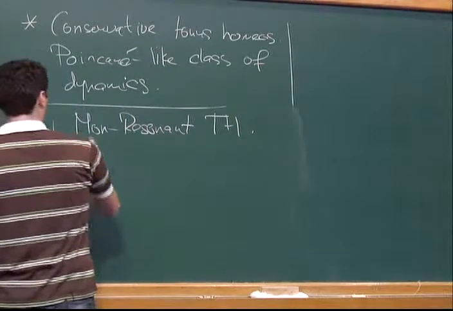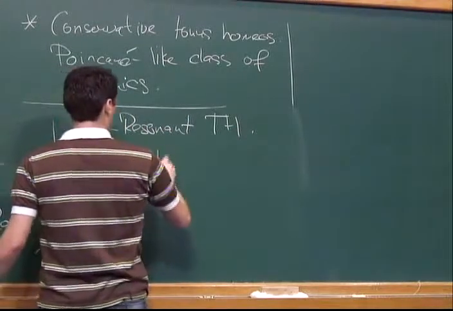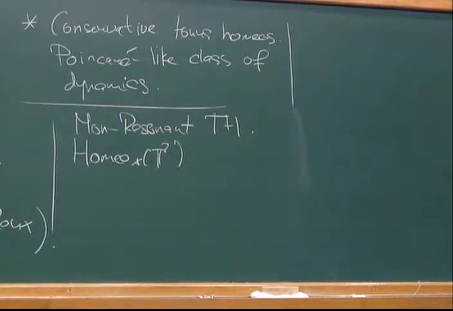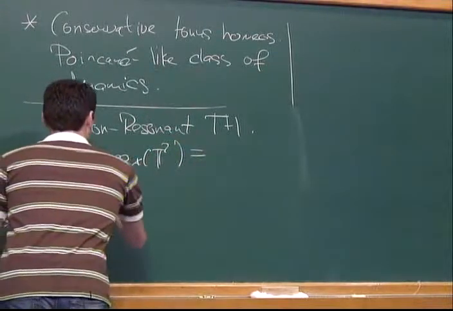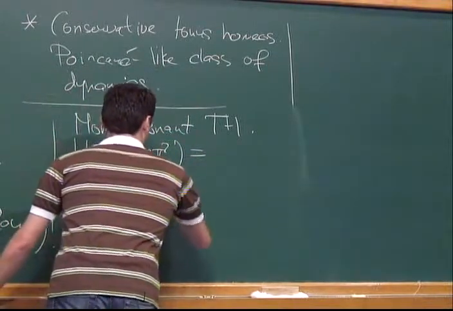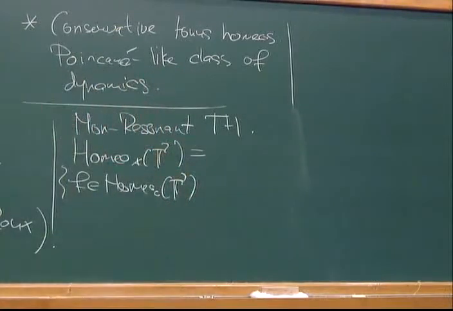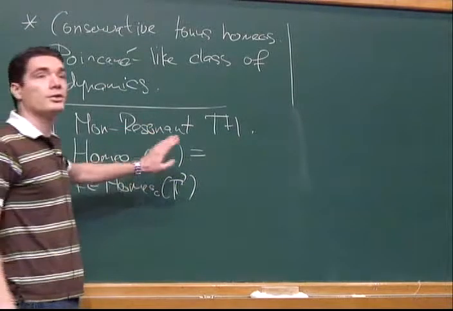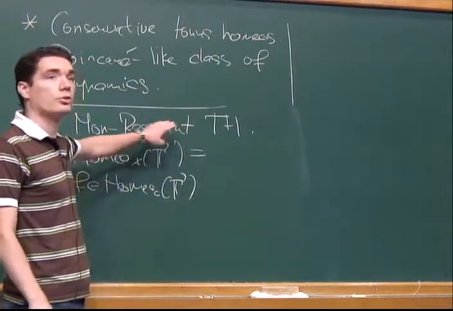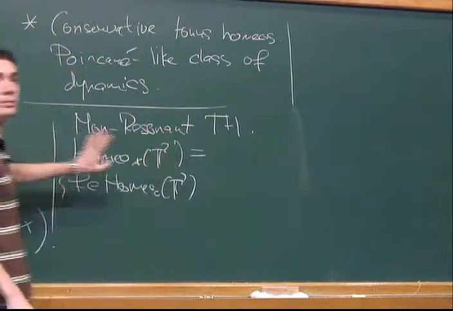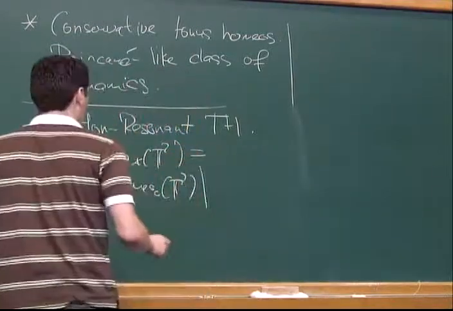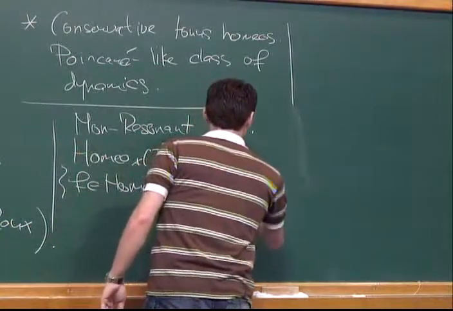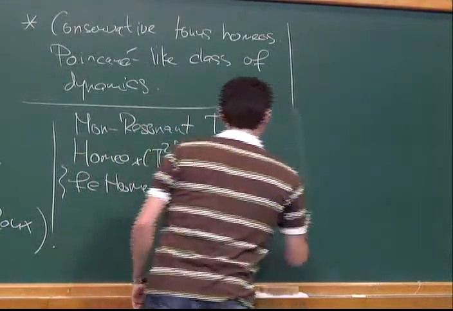I'll denote it by Homeo star. This is the class of non-resonant torus homeomorphisms by definition. So these are the f isotopic to the identity, for which the rotation set is a totally irrational vector.